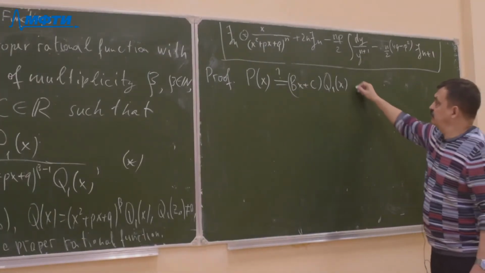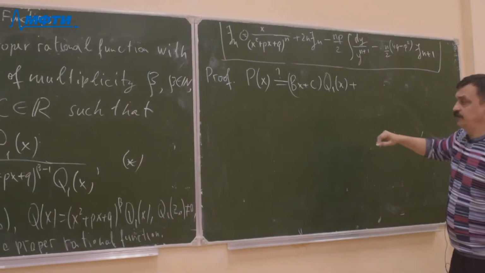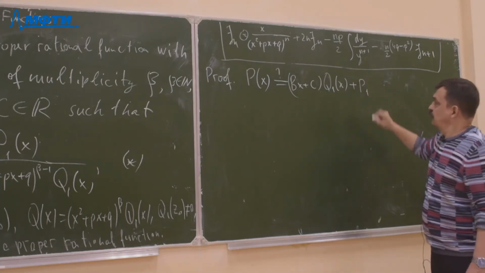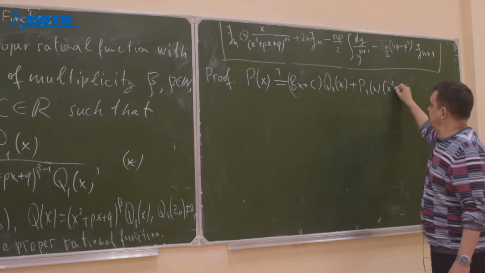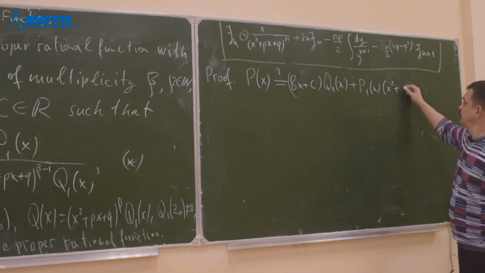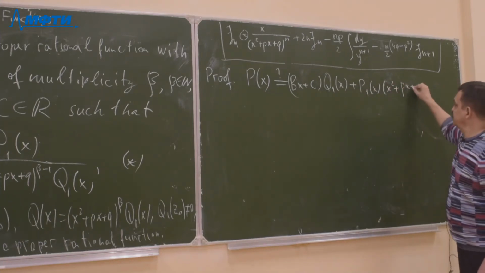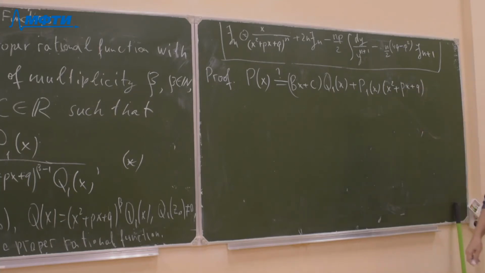And we add p1 of x times x squared plus px plus q. That is what we want to attain. That is our goal. So we need to find b and c such that this equality holds.